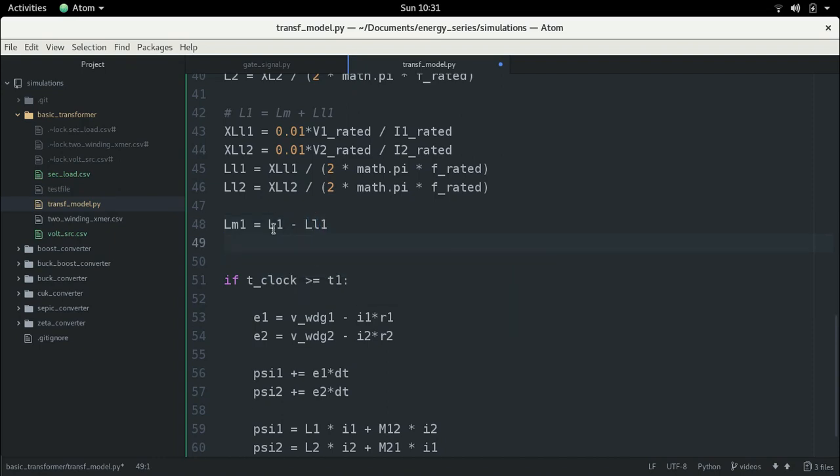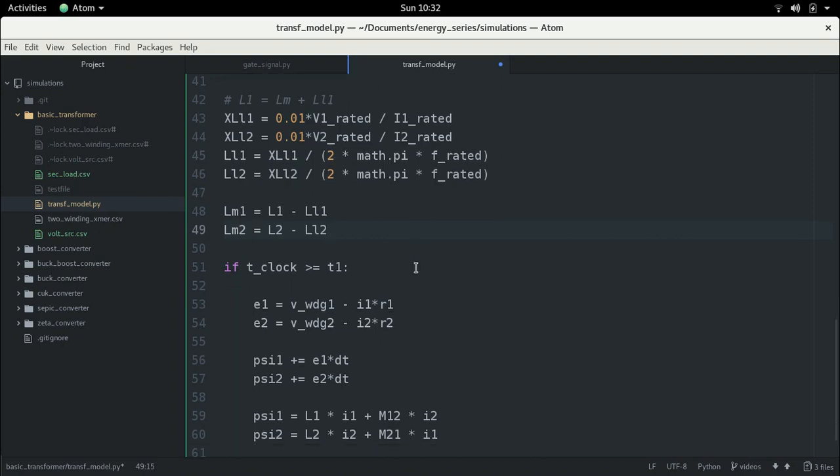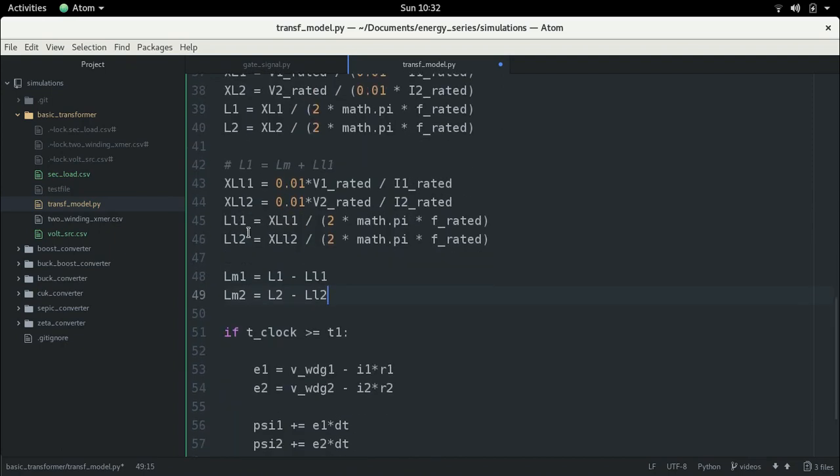That is, this is the self-inductance minus the leakage inductance is equal to the mutual inductance. Now, in the second case, LM2 is equal to L2 minus LL2, right? So basically, we are deducting the leakage from the self-inductance, and that is the mutual inductance. So these are the values that we need.